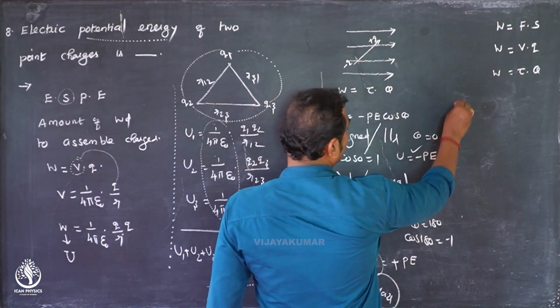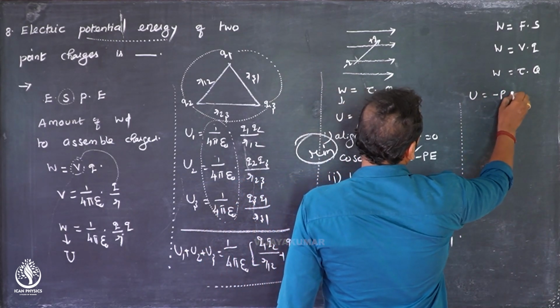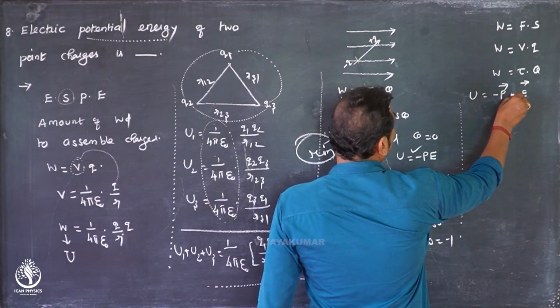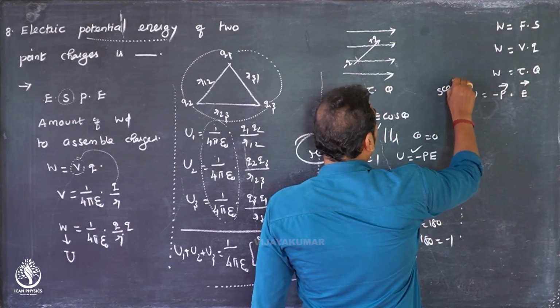By taking the cos, we can write epsilon equal to minus P vector dot E vector. The dot product of two vectors is a scalar.